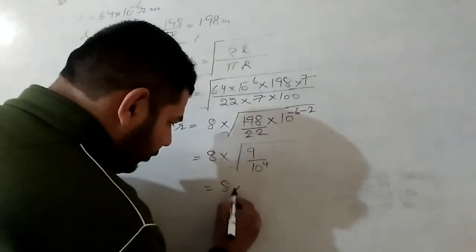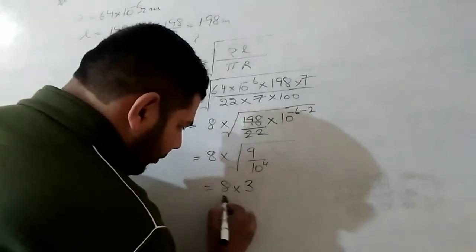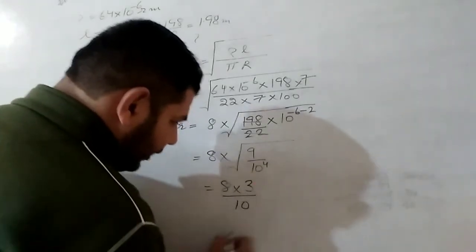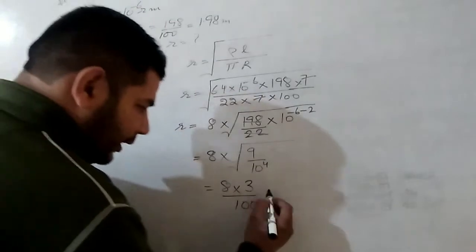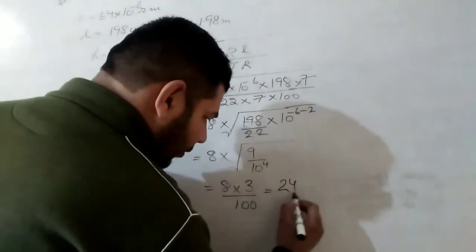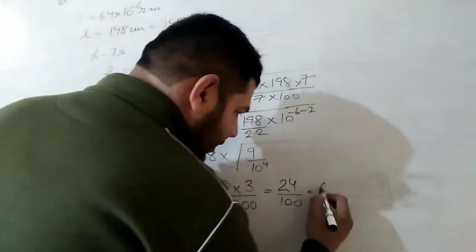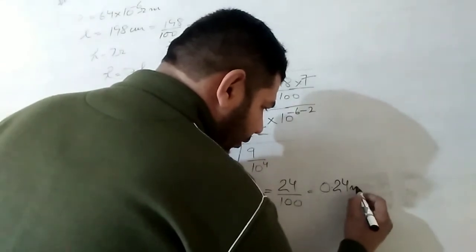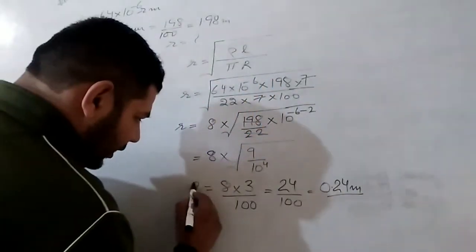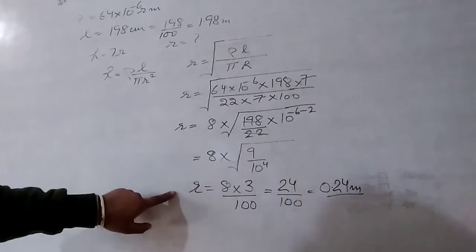So 8 into 3 by 100, 8 3s are 24 by 100, that is 0.24 meter. That is the radius of this wire.